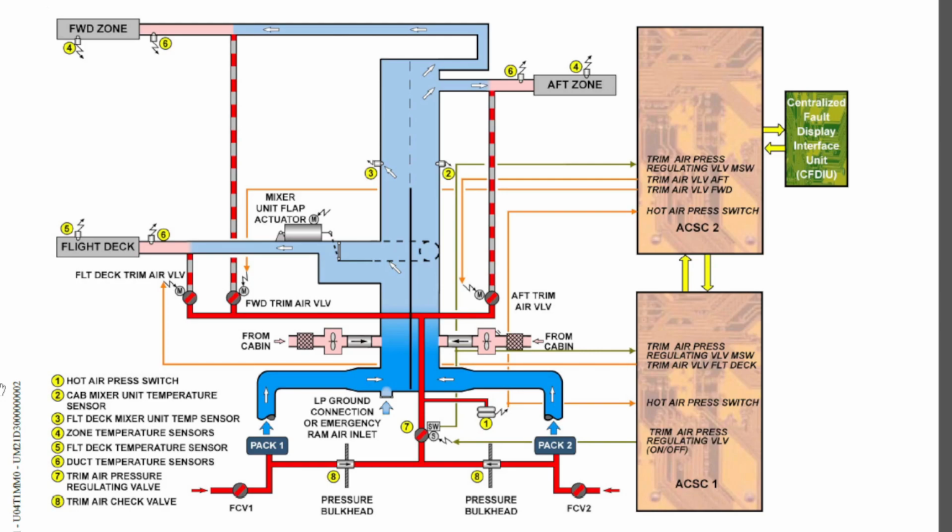In the next lesson we'll summarize all these lessons, and if you have already followed lesson 1, lesson 2 and this lesson, when it comes to the summary, you will be able to understand the concepts and the functions very easily, and I'm sure that you will have a better picture of the air conditioning system of the A320 aircraft.